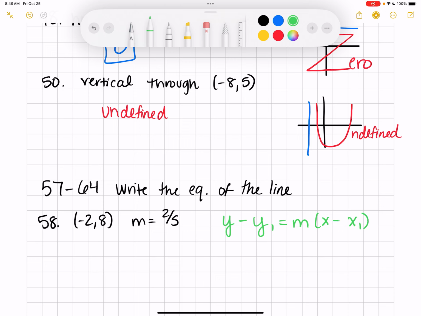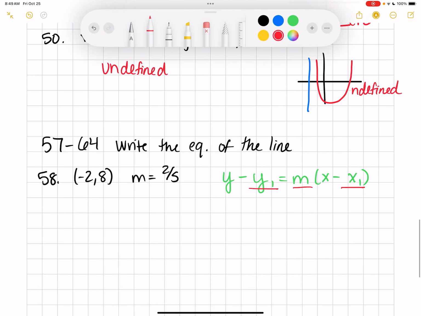The things being plugged in are y1, m, and x1. The other y and x that are by themselves are what stay in the equation. So this is going to be y minus 8, since y1 is 8. If you ever have 2 points that are on the line, you can choose either one, and it's going to give you the same thing. Equals 2/5 times x minus x1, which minus a negative is going to end up being plus 2. And that's a perfectly fine equation of the line.